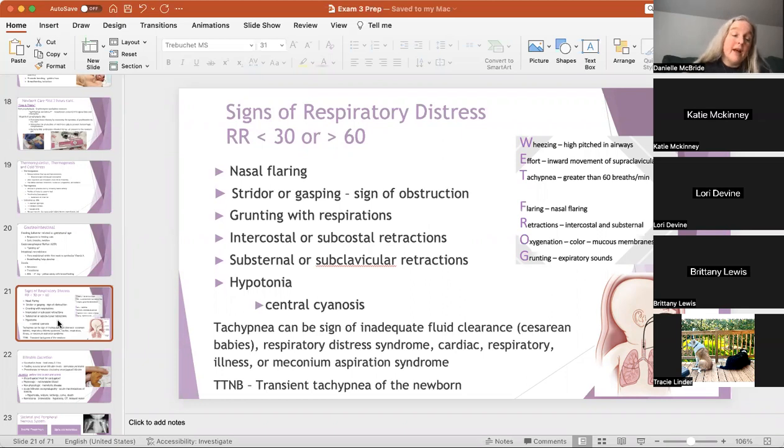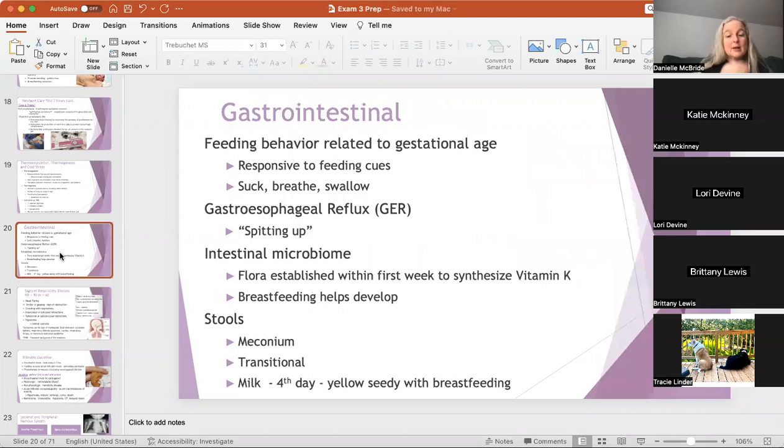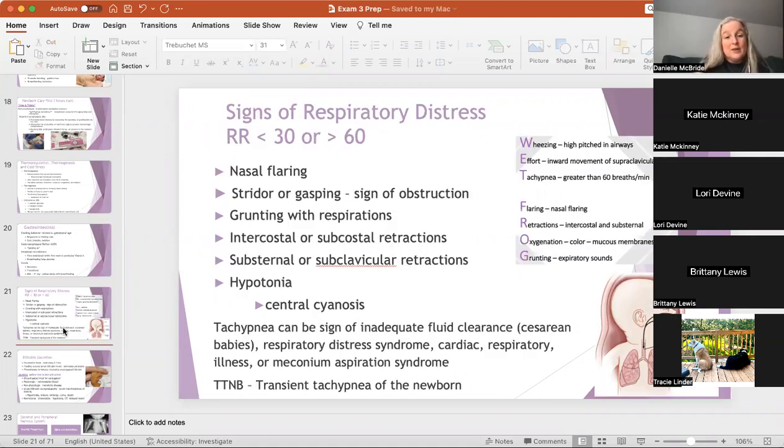Yes. Right. Because we just talked about how on the GI slide meconium is sticky and gooey. If we mix that with amniotic fluid and we put it in the lungs, that's going to interfere with gas exchange. Okay, good.